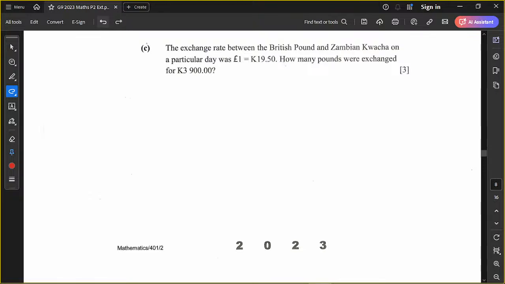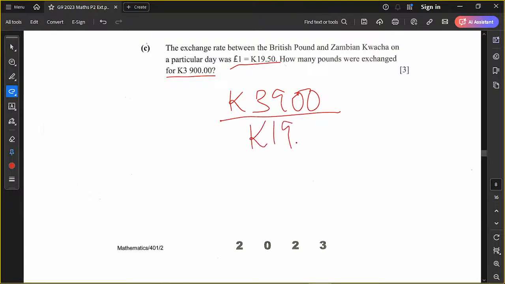We get the amount of money, which is 3,900, divided by the exchange rate, which is 19 kwacha 50 ngwe. We say the kwacha signs cancel each other.